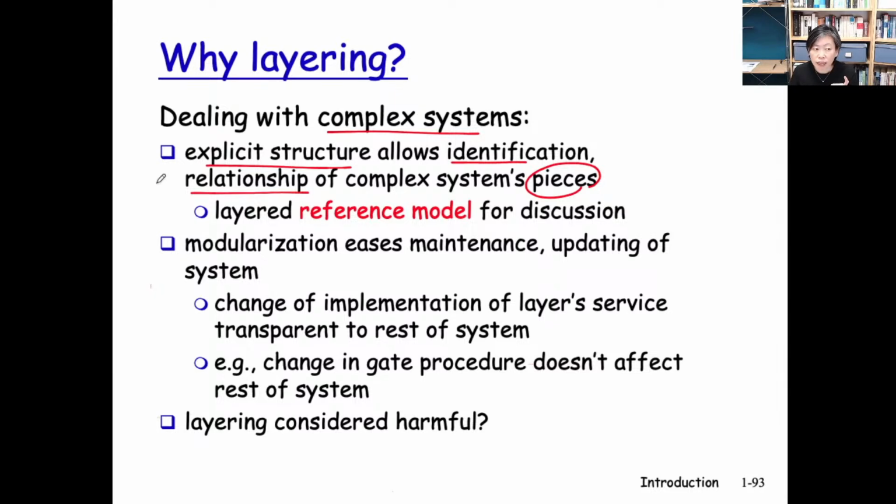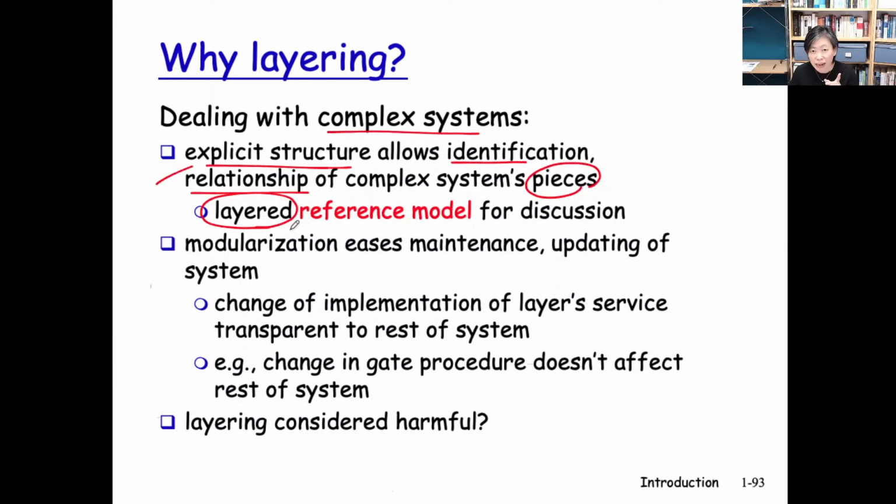So having explicit structure, really good. And you see in the air travel example, we have this layered architecture, layered service model. That's exactly what we're using, okay, to manage, to organize the internet's operation.